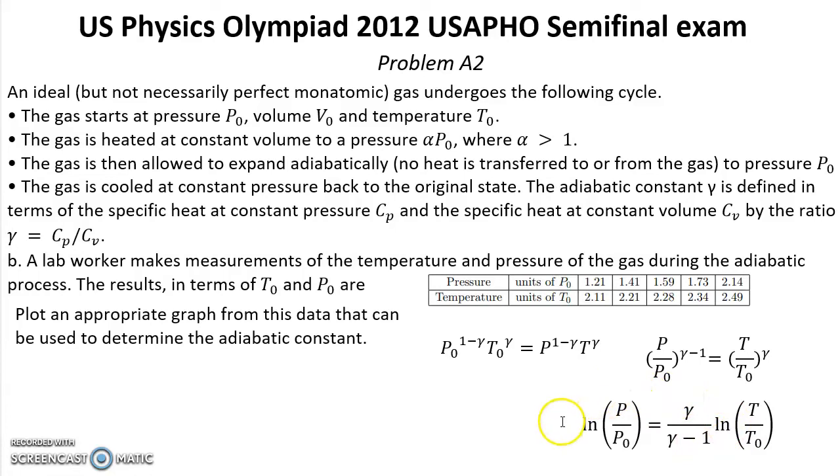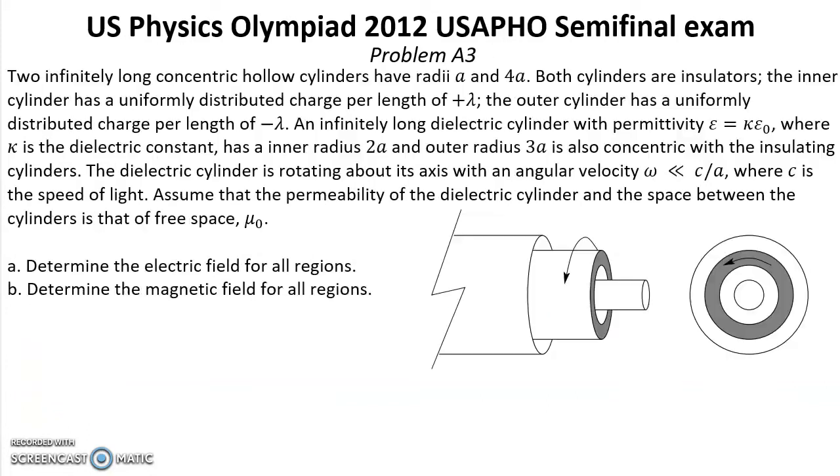From this graph we can find that this slope equal approximately 3.5, and it means that gamma equal 1.4, and this gamma is related to diatomic gas. That was actually an answer for question C.